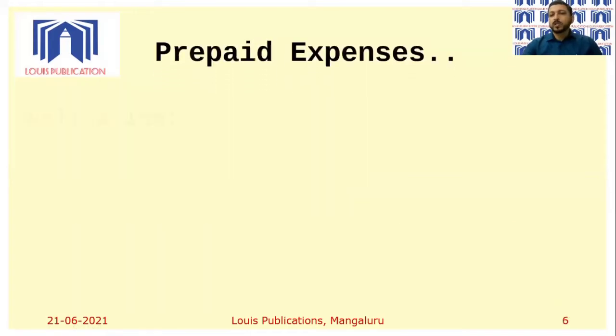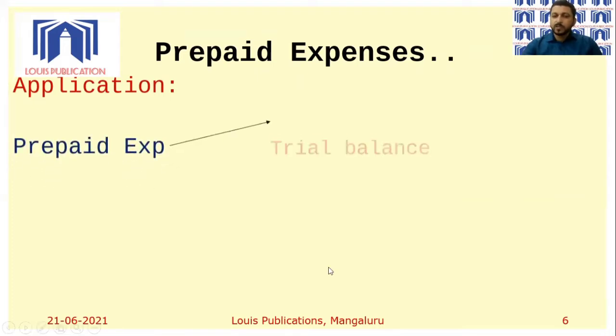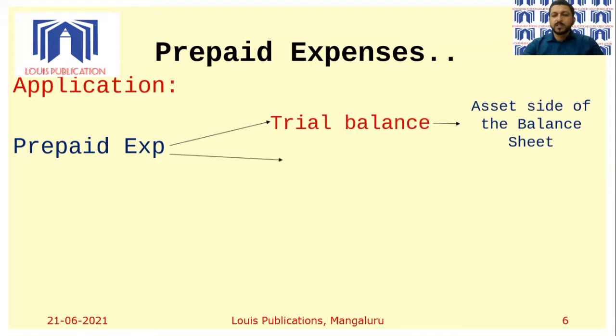Now, what is the application of prepaid expenses? It depends whether prepaid expense is given in the trial balance or given as an adjustment. We know very clearly, if prepaid expenses is given in the trial balance, there is only one effect, and that effect will be on the asset side of the balance sheet. But if prepaid expenses is given to us as an adjustment, every adjustment will be given two effects.